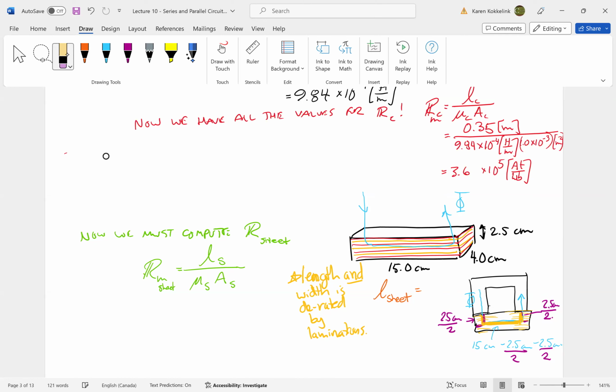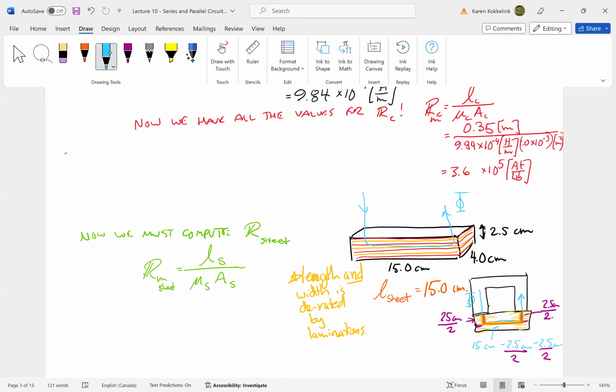Whether it is laminated or not, it actually does travel that distance. So it is just going to be 15 minus 2.5 over 2 minus 2.5 over 2 plus 2.5 over 2 plus 2.5 over 2, which equals 15.0 centimeters as we travel through there.